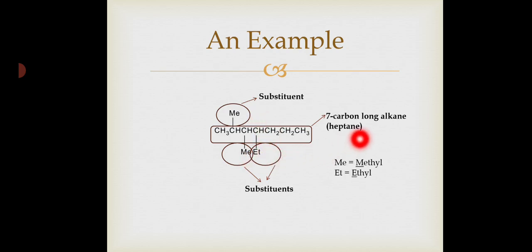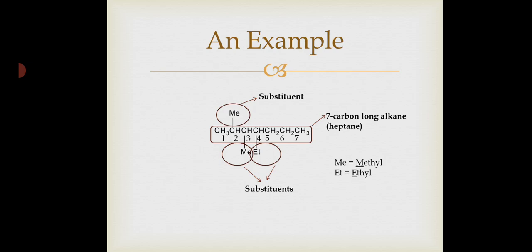But if you start numbering from this side, then the ethyl group gets position 4, one of the methyl groups occupies the 5th position, and the other methyl group occupies the 6th position, which is certainly a very high number. So, we are going to number the compound from this side.